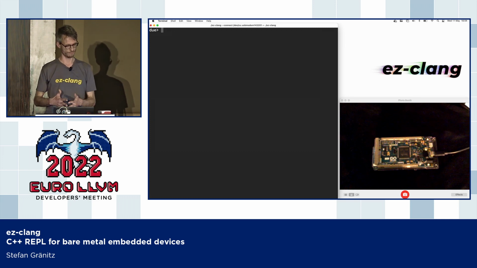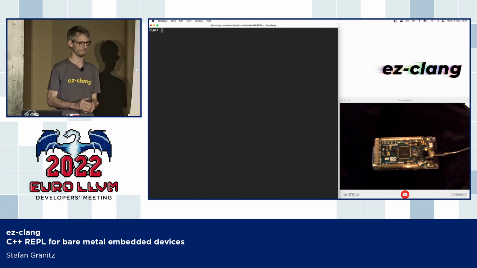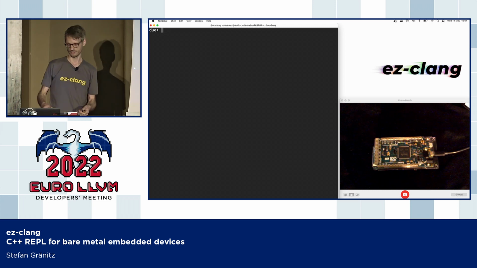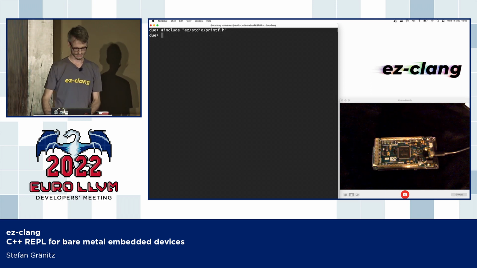If you're not so familiar with embedded development, not all parts of the C standard library are implemented for embedded devices. Like standard out doesn't exist really, so there's no good definition of it. So I provide my own implementation of things like printf, and we can load that here as a header like that.